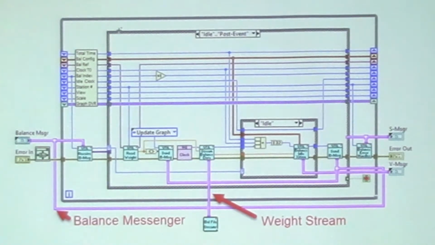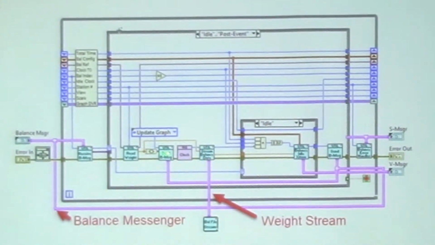And then there's the state where the weight on the balance stops changing. That says, okay, my event's over. So idle, pre-event, post-event.